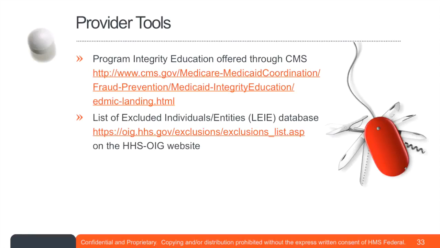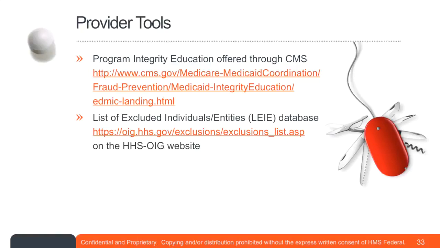And then I also gave the link to check the exclusion database. These links are included in the packet handout for you, so that you will have these after the presentation to refer to if you choose to.